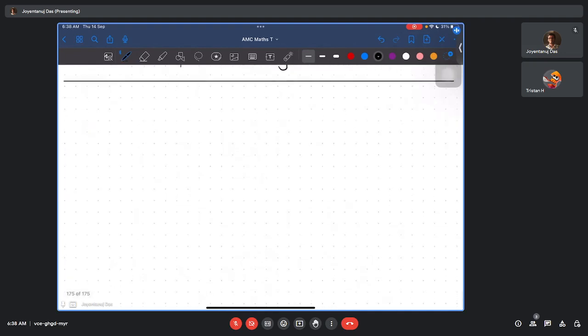Next one is 9.47. It says (4x minus 5) divided by (3x plus 5) is greater than or equal to 3. What are the values of x such that this happens?